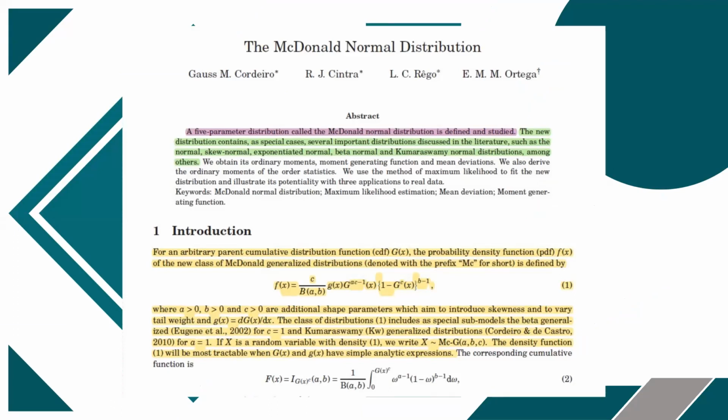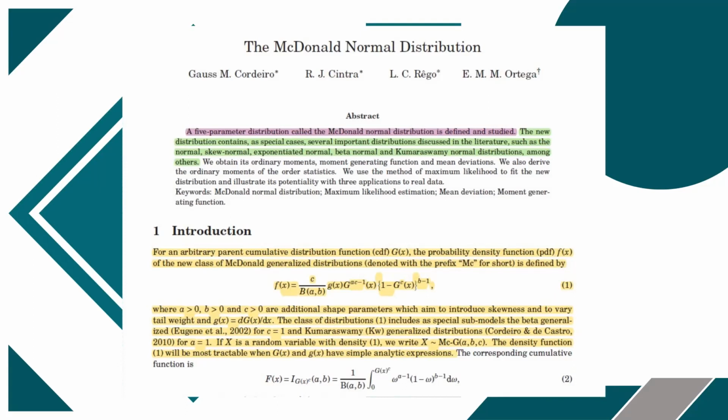For an arbitrary parent cumulative distribution function, CDF, the probability density function, PDF, of the new class of McDonald generalized distributions is defined by the formula, where a, b, and c are greater than 0, and are additional shape parameters which aim to introduce skewness and to vary tail weight, and G(x).